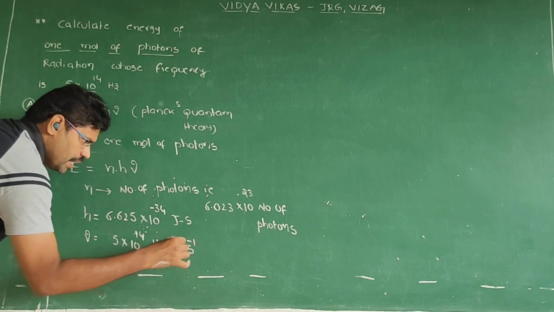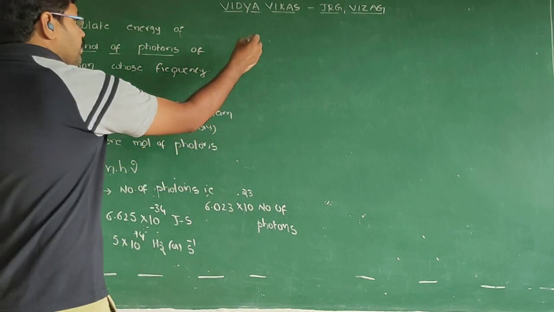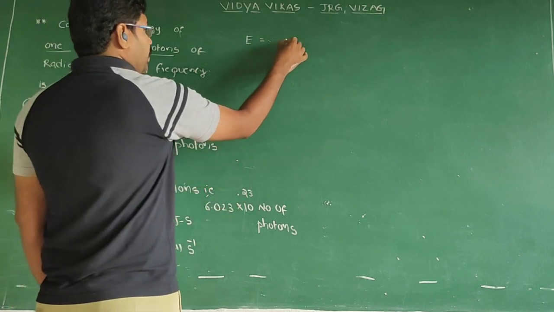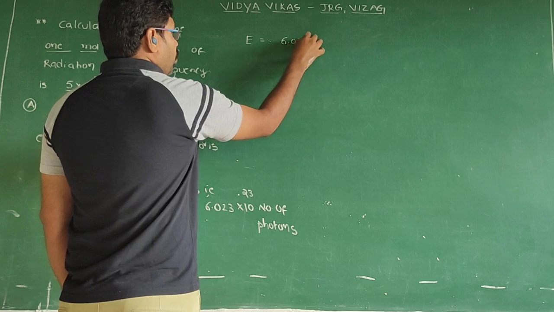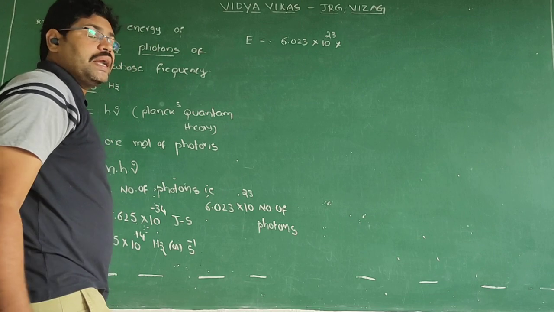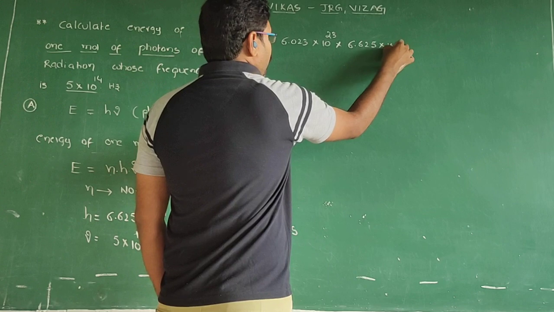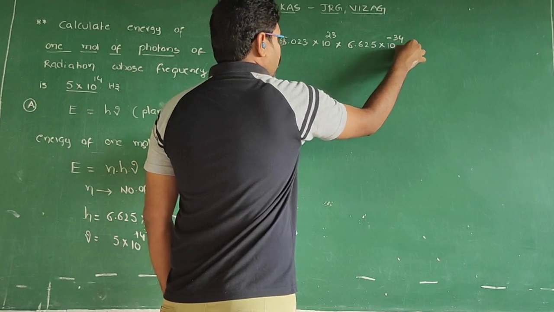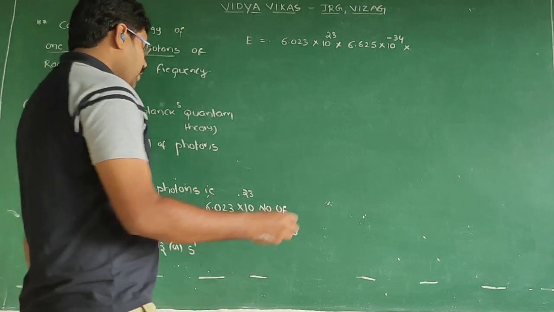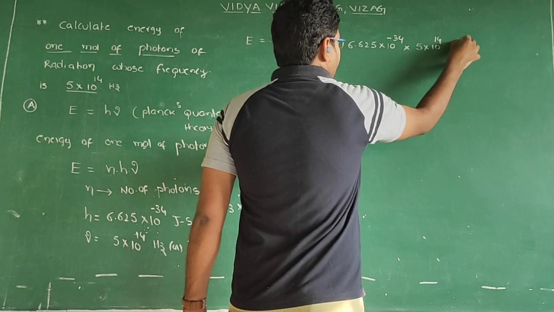Hz, or we may also call it second inverse. If we substitute all these values, we can calculate the energy of 1 mole of photons. N value for 1 mole is 6.023 into 10 power 23, Planck's constant h is 6.625 into 10 power minus 34 joule second, into frequency 5 into 10 power 14 second inverse.